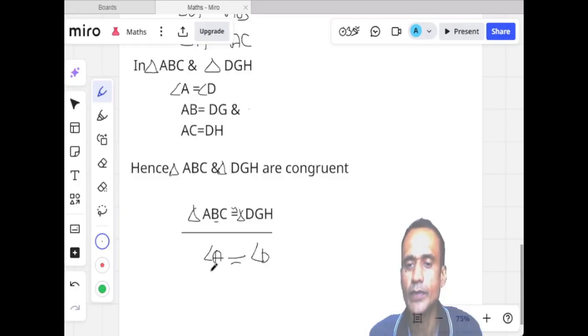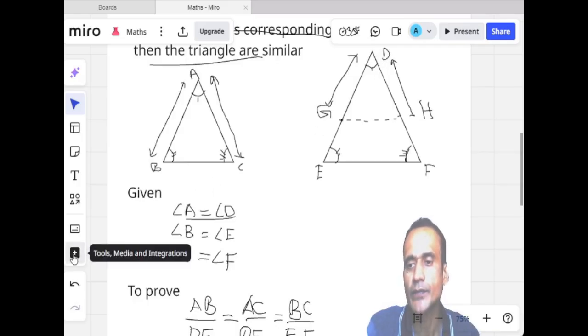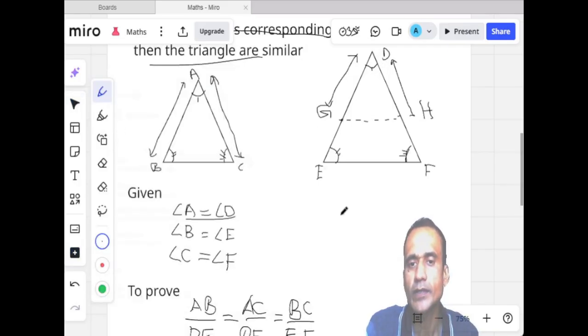So what we get is angle B is equal to angle G, and angle C is equal to angle H. So by proving that ABC is congruent to DGH, we get the corresponding angles equal.